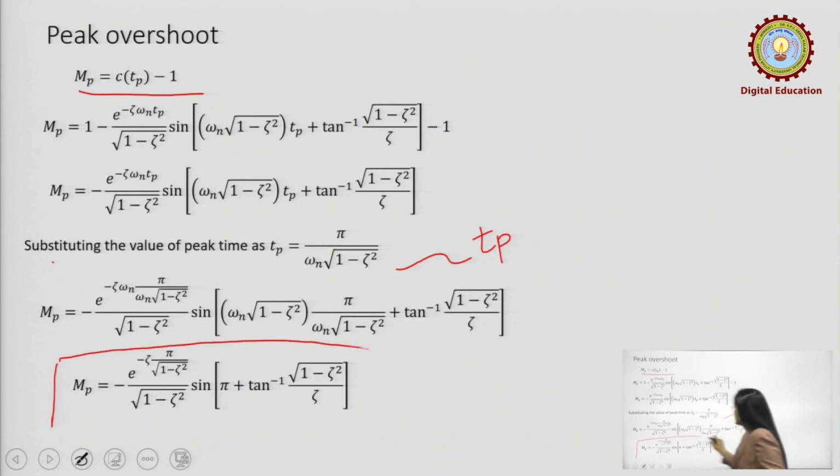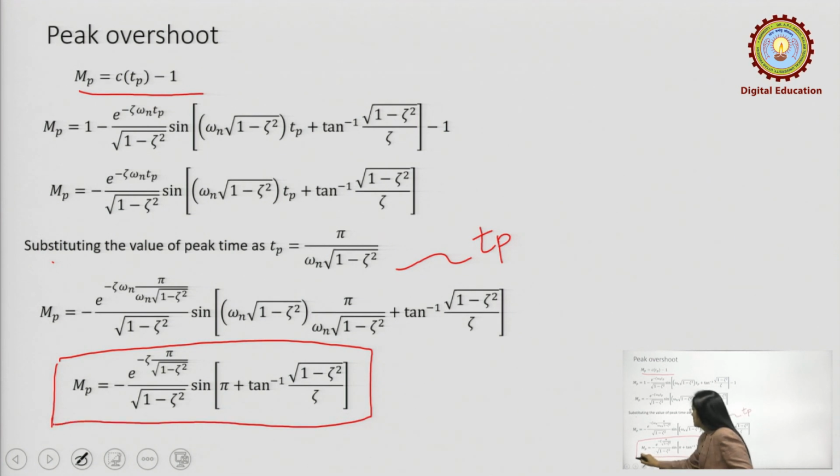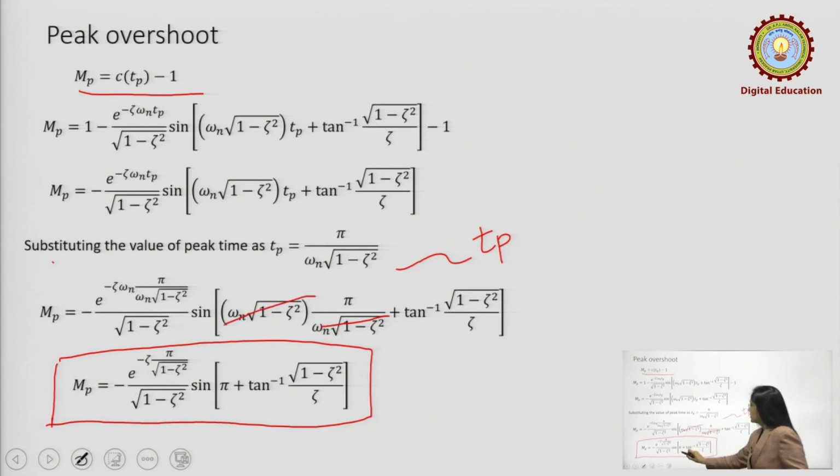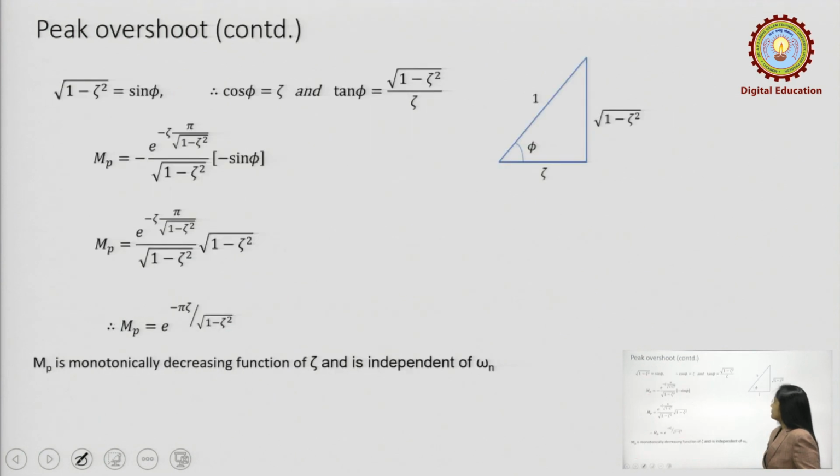What happens to the expression now? This quantity cancels out, we are remaining with only pi, and here omega n cancels out. What is the response value at that time? It is this quantity. Now we are finding the expression for the maximum peak overshoot.